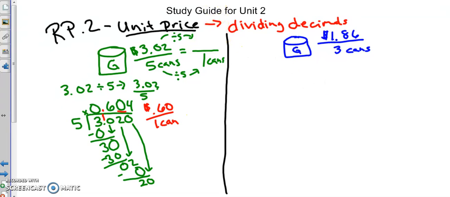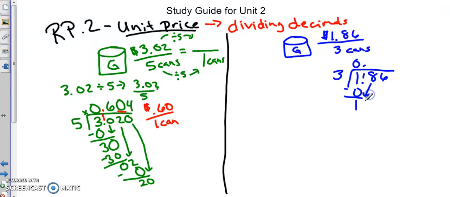Now, I want you to pause the video and try to figure out how much it would be for 1 can of the blue can of green beans. Now we're going to go through this very quickly. Top dog goes in the house. We have $1.86. 3 goes on the outside. 3 cannot go into 1, so this is 0. Subtract. Bring up my decimal.